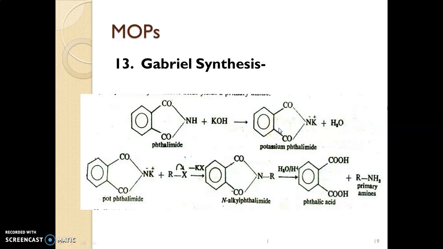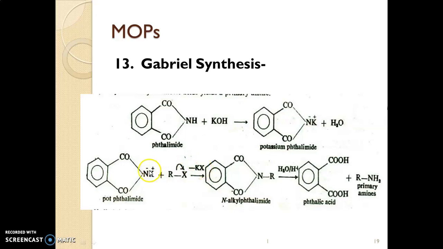Now in the next step, this potassium phthalimide on treatment with the alkyl halide produces N-alkyl phthalimide. See here, whatever K is there gets replaced by the R, and removal of KX takes place.